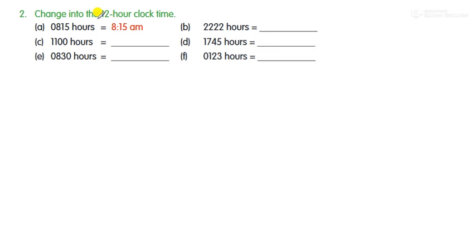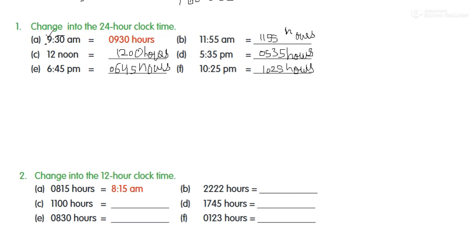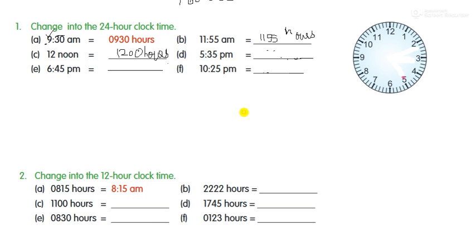Here, change into the 24 hour clock time. Here 5:35 p.m. Up to 12 it's 12, and after 12 we count 13, 14.